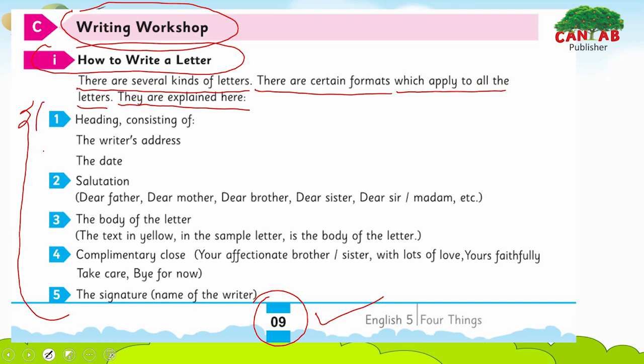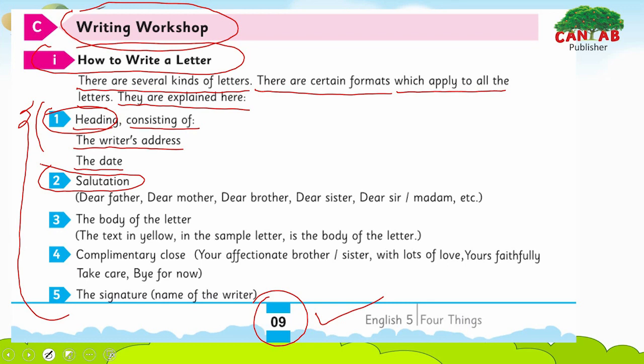So the first part is the heading. What does it consist of? The writer's address and the date. So the writer should write their address and the date in the heading. The second is the salutation.